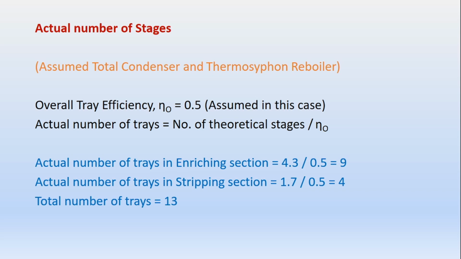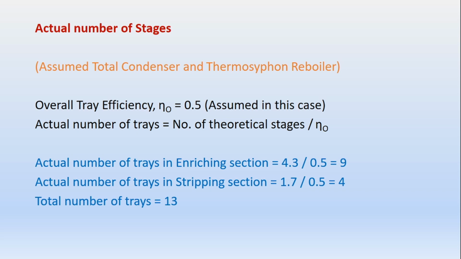But if it is a kettle type reboiler, what do we do? If it is a kettle type reboiler, the last stage in the McCabe-Thiele diagram is considered as the reboiler. The remaining stages will be taken as the trays or the plates. We are not provided the tray efficiency in this problem, so we are assuming 50% overall stage efficiency.